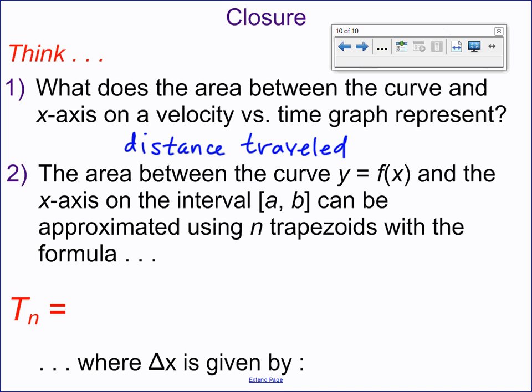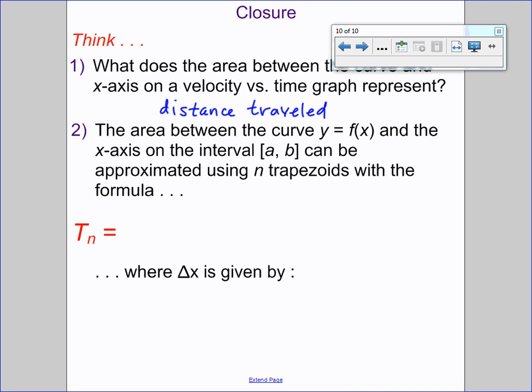So we knew that formula is given by 1/2 delta x, or simply delta x over 2, times, and we'll grab one of our first function values.